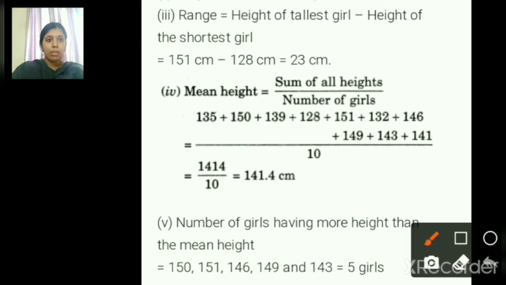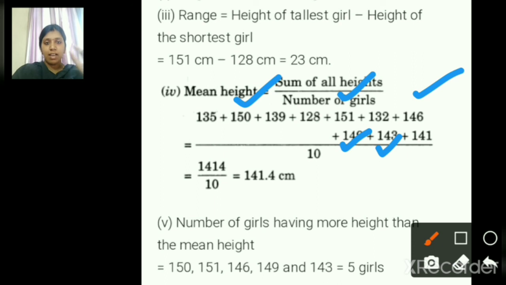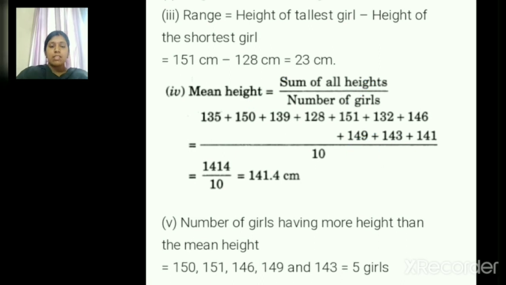More than 141 we have 150. Okay, so 150, then we have 151, then 146, 149 and 143. So these are the heights more than 141.4. Clear?